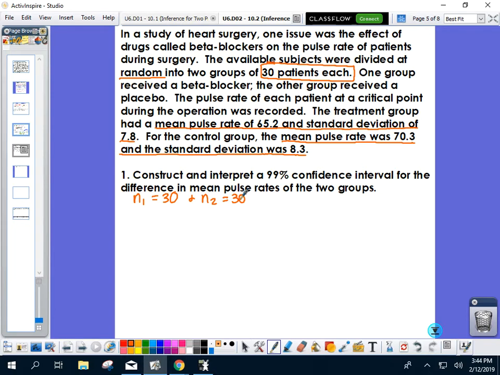Next, we're going to start with our x bar 1. That will be 65.2 beats per minute. x bar 2 is 70.3 beats per minute. s1 is 7.8 beats per minute, and s2 is 8.3 beats per minute.